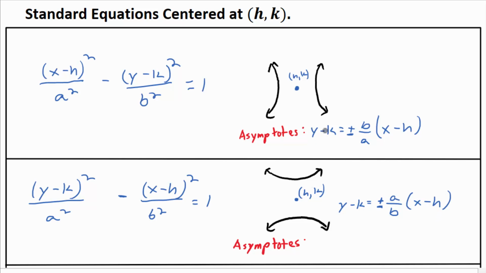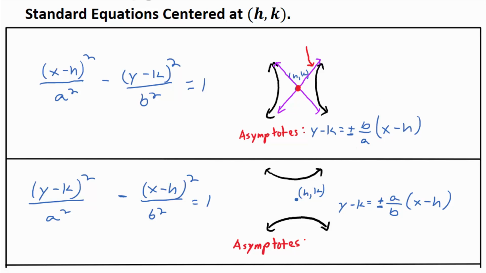And it's no big mystery where these equations come from. If you think about it, an asymptote like up here goes through the center. It either looks like that or like that. And let's say you want to find the equation of that line. Well, it goes through (h, k) and it has slope b divided by a.